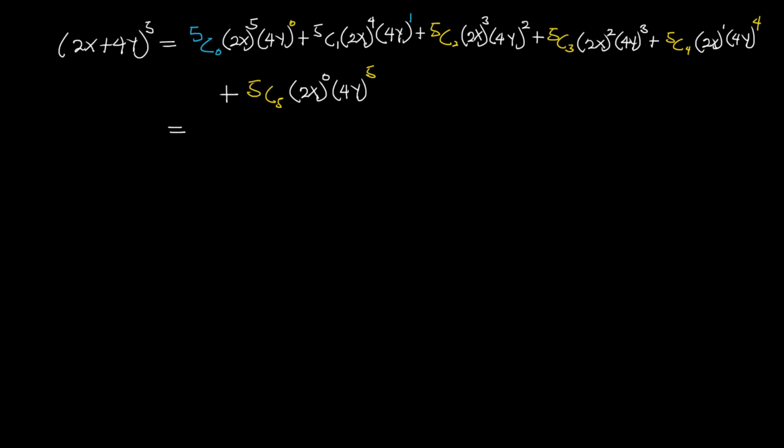5 combination 0 is 5 factorial over 5 minus 0 is 5 factorial times 0 factorial.